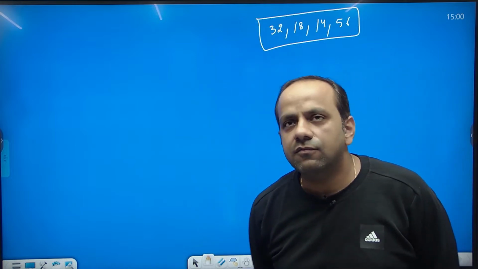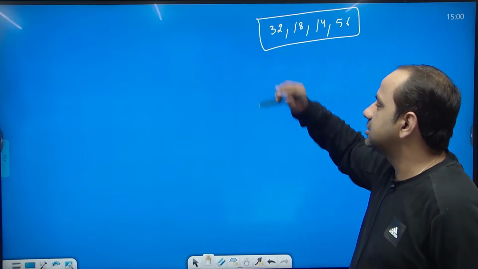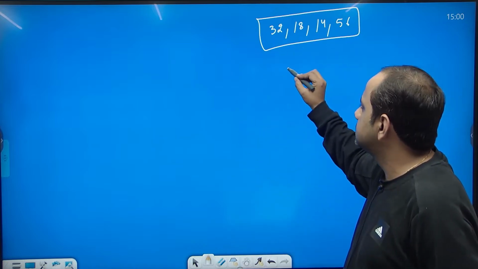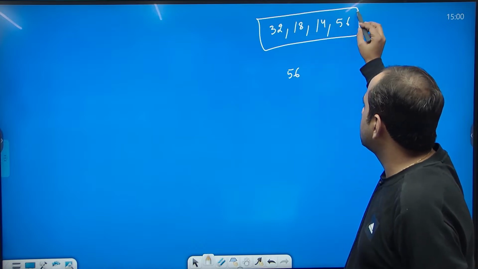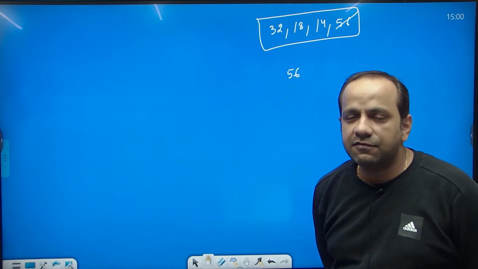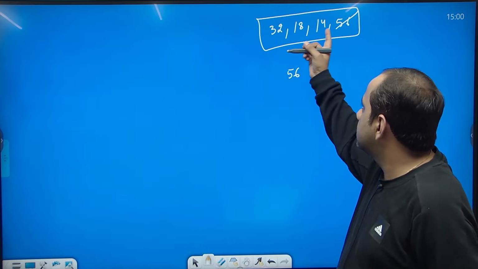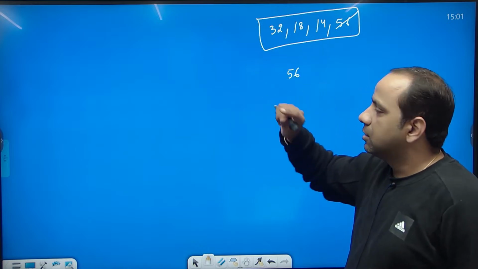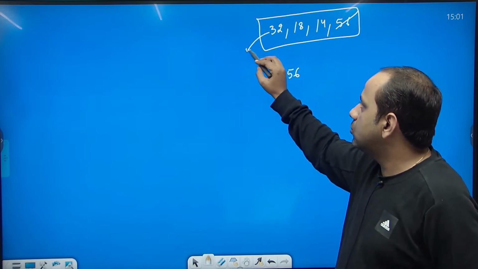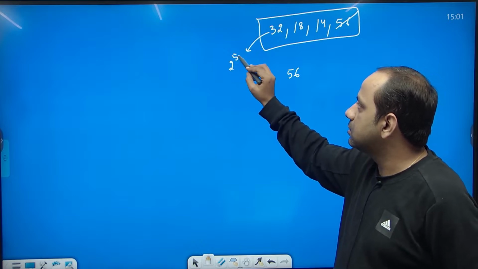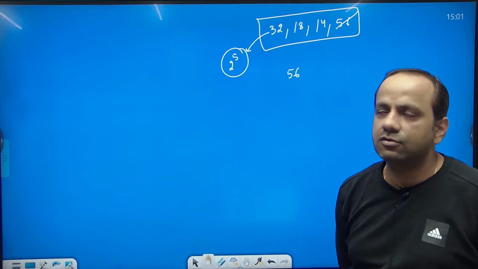So what we have to do is just write down the largest number here. The largest number is 56. Now cancel out this number. And after 56, the largest number is 32. Now in 32 there are 5 times 2, prime factorization if you know.